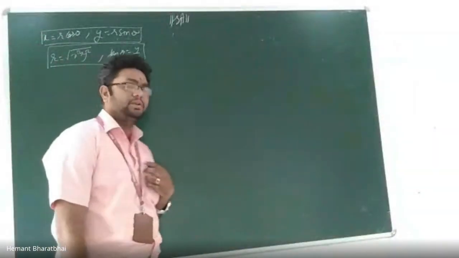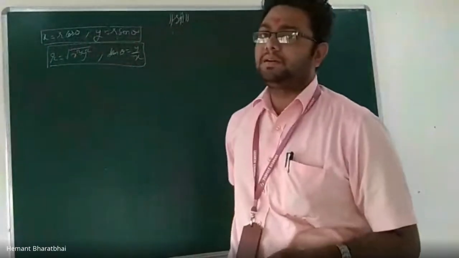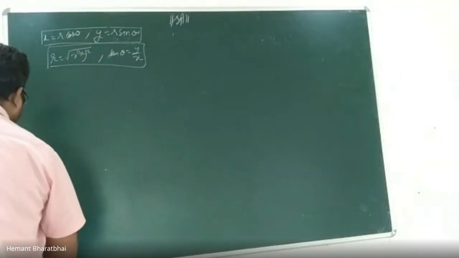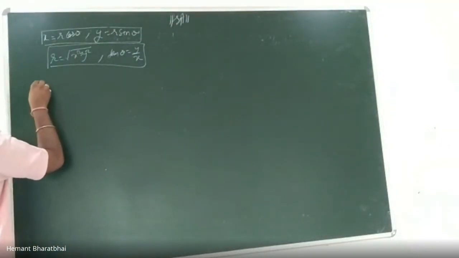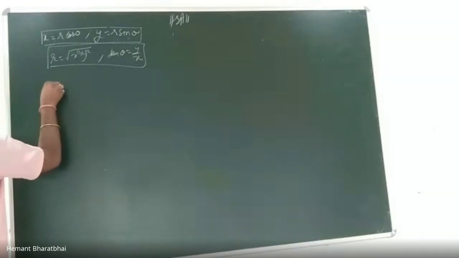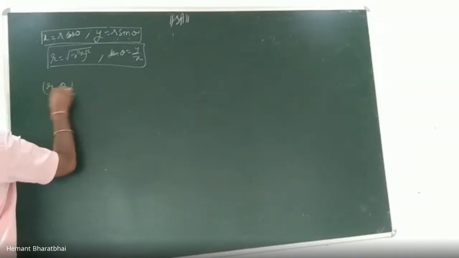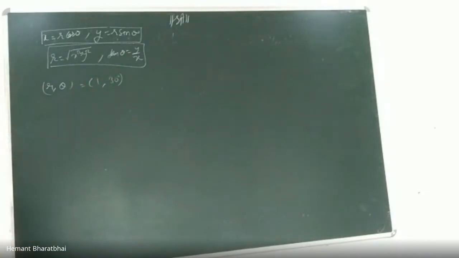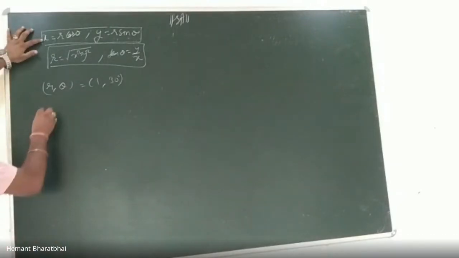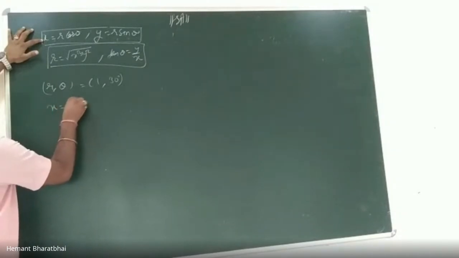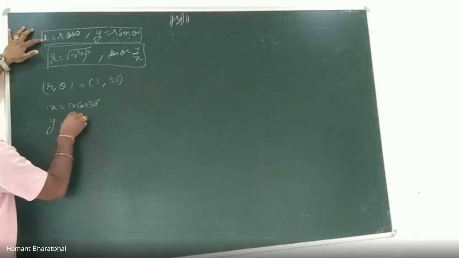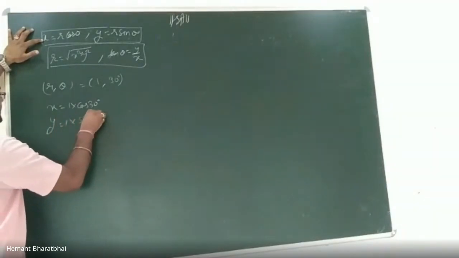In the Cartesian system, the location of a point is given by x comma y, whereas in the polar system, the location is given as r comma theta. Suppose I've been given r comma theta is equal to 1 comma 30 degrees. I have to find the Cartesian coordinates, the values of x and y. So x is equal to 1 into cos of 30, and y is 1 into sin of 30.